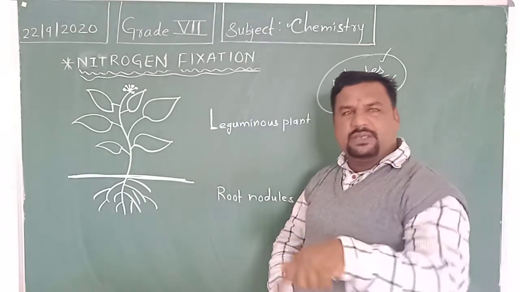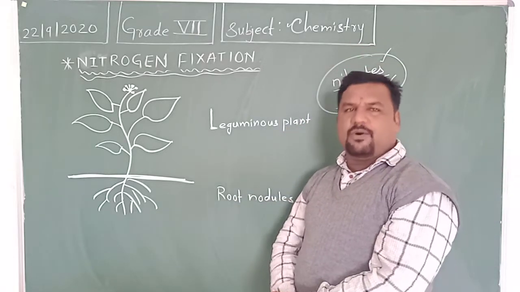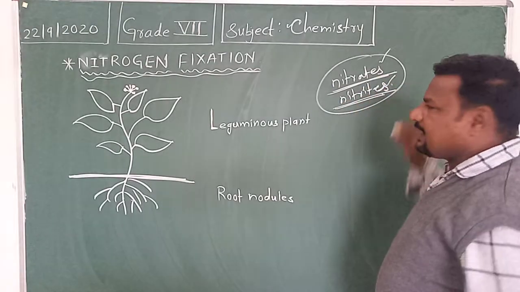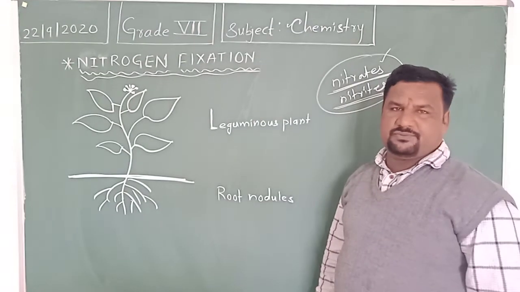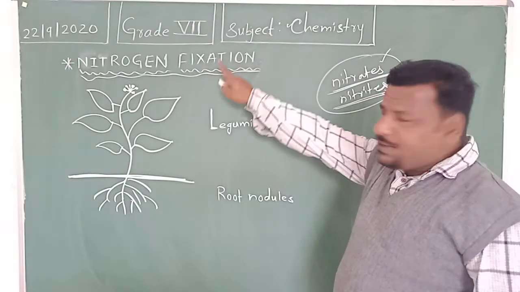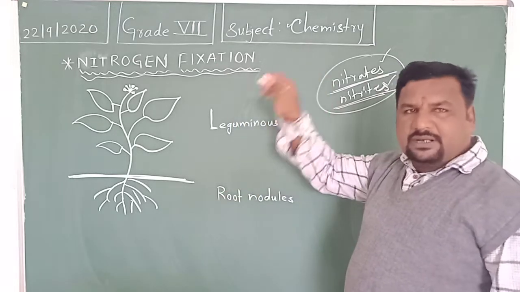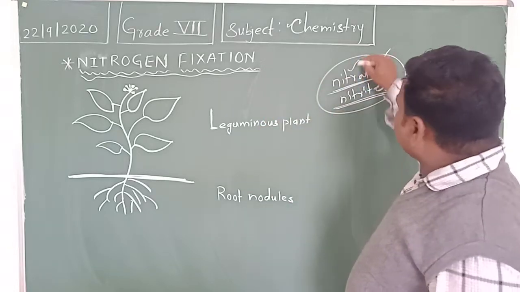So the nitrogen present in the air has to be converted into simpler compounds, nitrates and nitrites. Then plants and human beings can utilize it. So nitrogen fixation is a process in which atmospheric nitrogen gets converted into nitrates and nitrites.